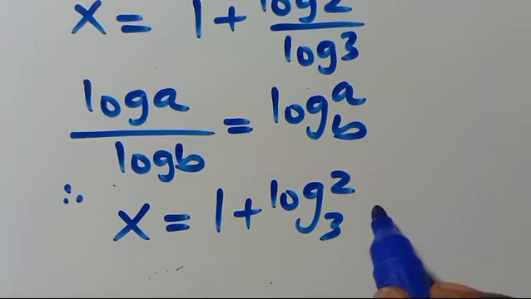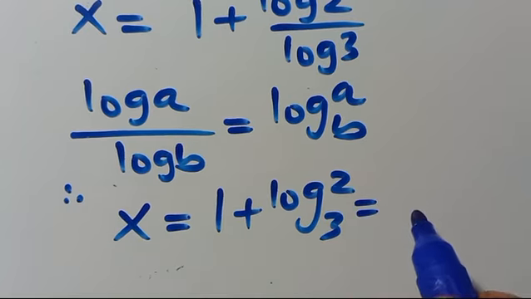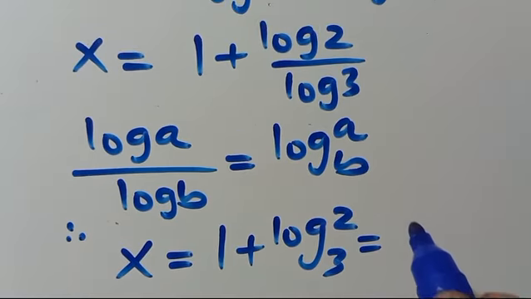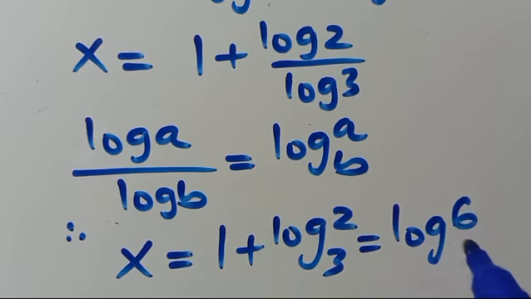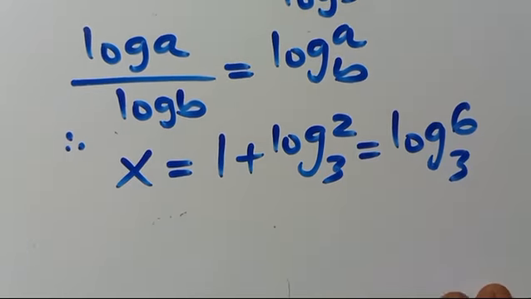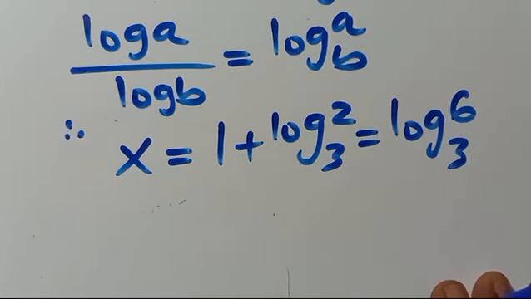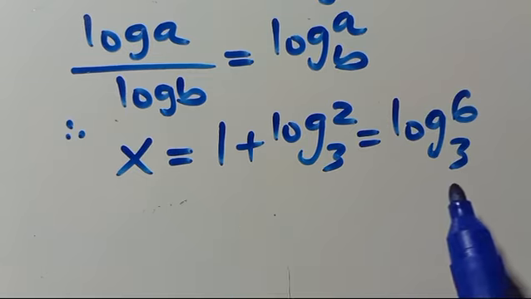And this is the same thing as what we have in the previous, as log 6 in base 3. So from here, these are the final value for the x. This one is the simplest form, and we also have this one.